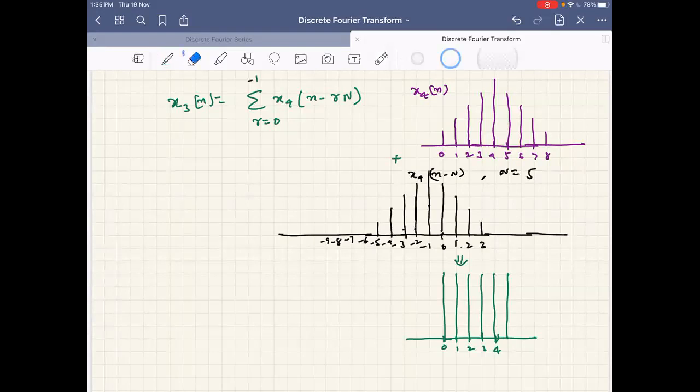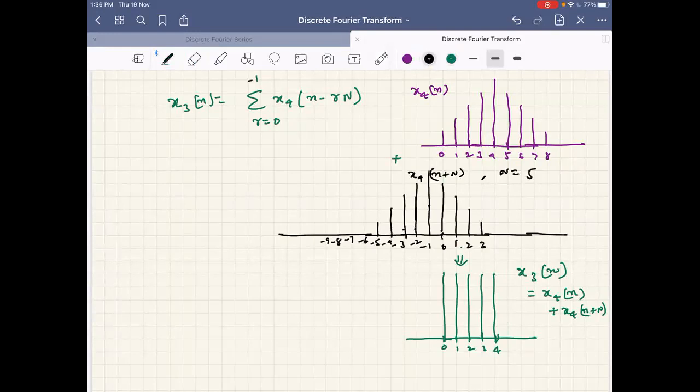So this is the sequence x3 of n, obtained by x4 of n plus x4 of n plus n in this case, since we advanced the signal. Sorry, this is plus.